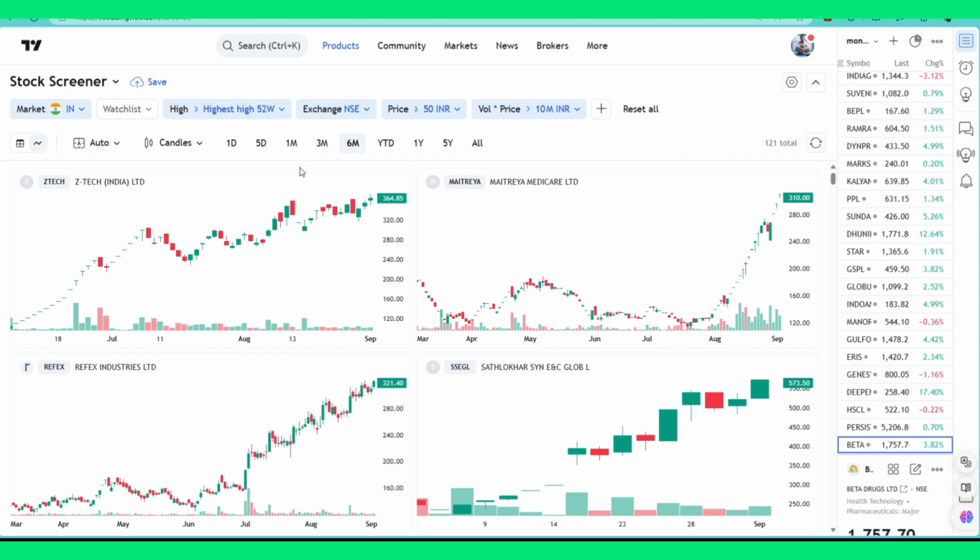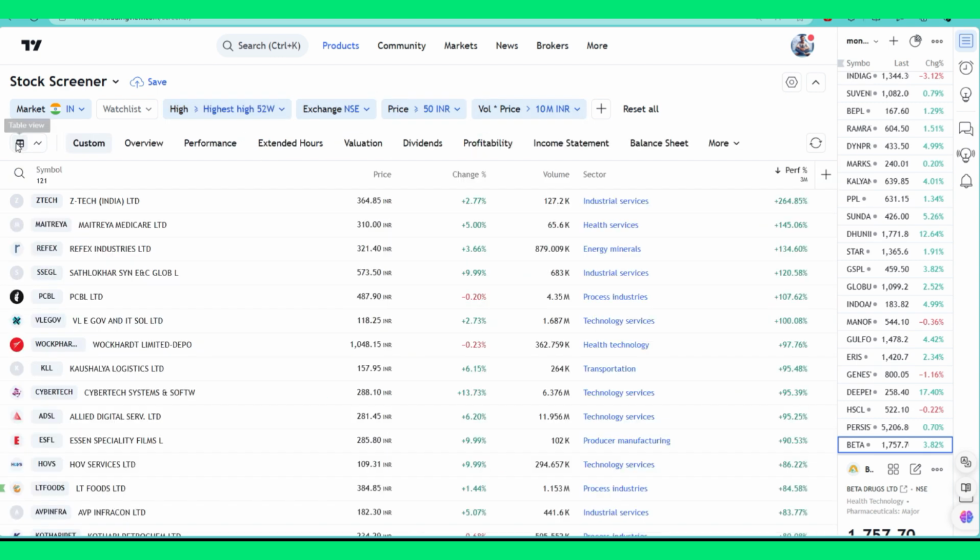So just a few parameters, and then when we get the list, we sort it by performance. We make the custom columns and then performance, and basically these are the stocks which have done a very good move, and we wait for consolidation in these stocks and then enter when there is an opportunity, which could be either a candlestick pattern or a pullback to the 10 or 21 moving average, whatever method that you use for entry.